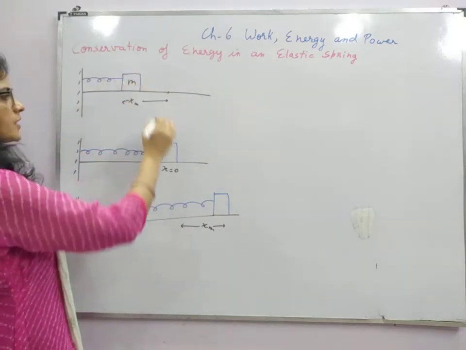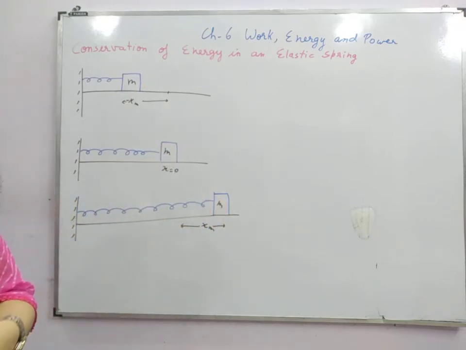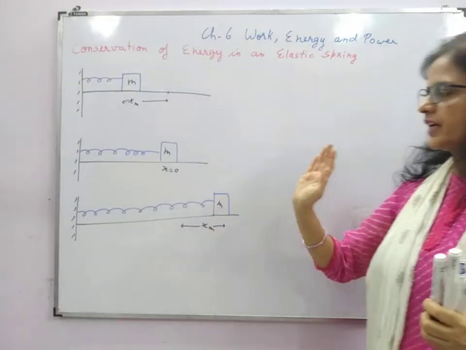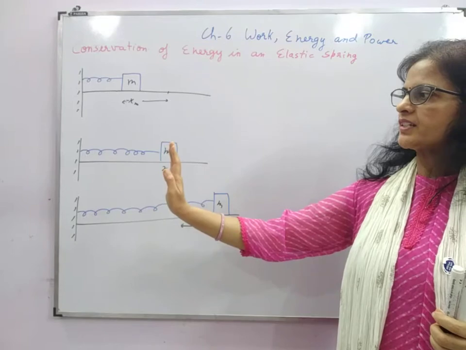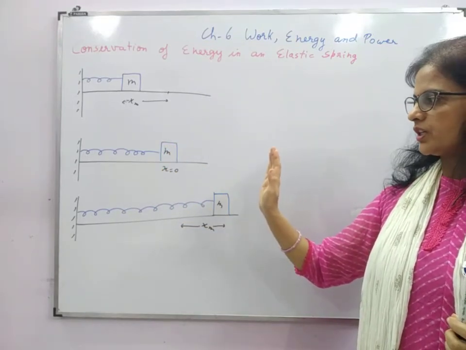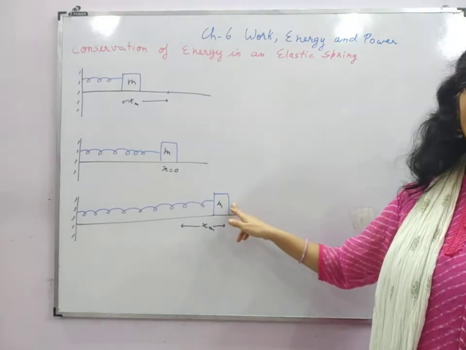M is the mass. Now, if we compress the spring like this, then it has a tendency to come back to the initial position, and then again due to inertia it will cross its mean position and go to the maximum extended position.